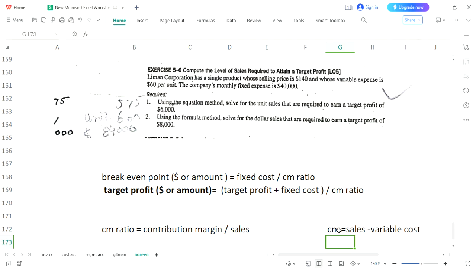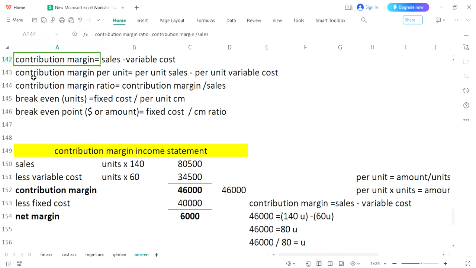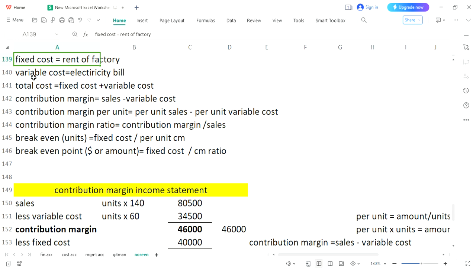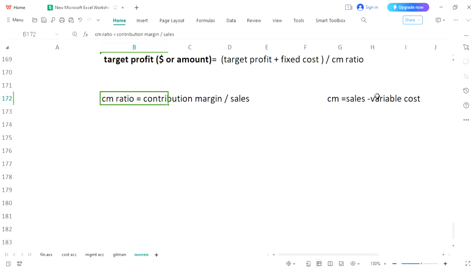You will get contribution margin. Why was I saying to learn these 7-8 things? Now you can see everything is being used in every part of the question. Here you can see contribution margin. How do you calculate it? Sales minus variable cost. And here in our requirement, what are you writing?